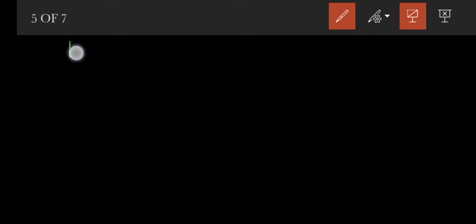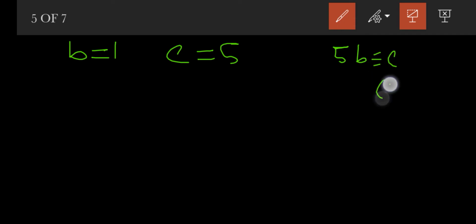For b equal to 1, c must be 5 to satisfy our condition, that 5b is congruent to c mod 8.